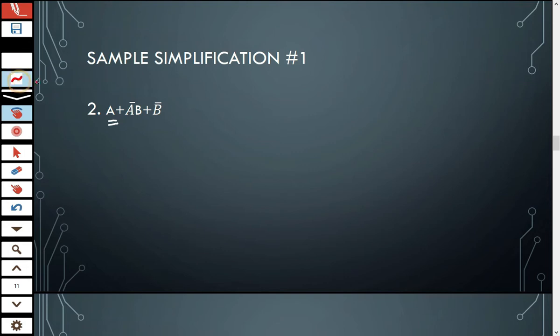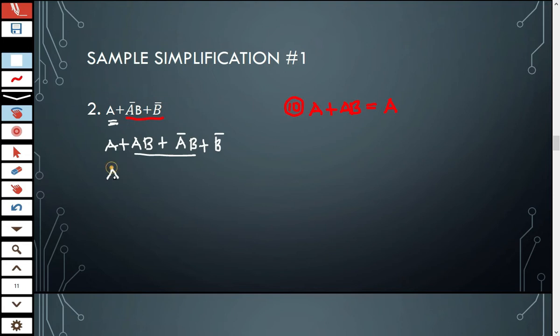So if you can still remember, we have a rule in Boolean algebra that A plus AB is the same as A, and we can use that to expand this term. So we will get A plus AB plus the remaining terms. Then we get not A times B plus not B. And then we can work on this.